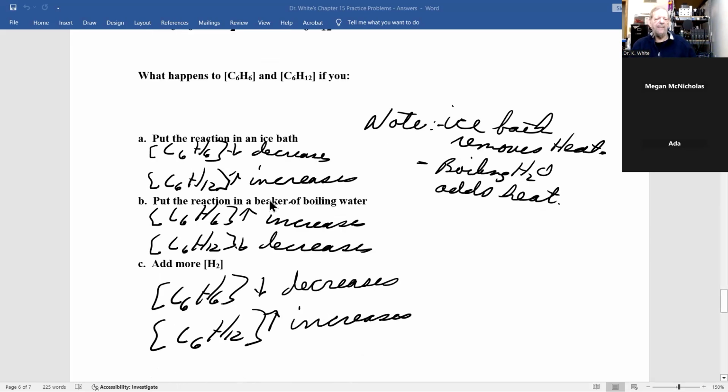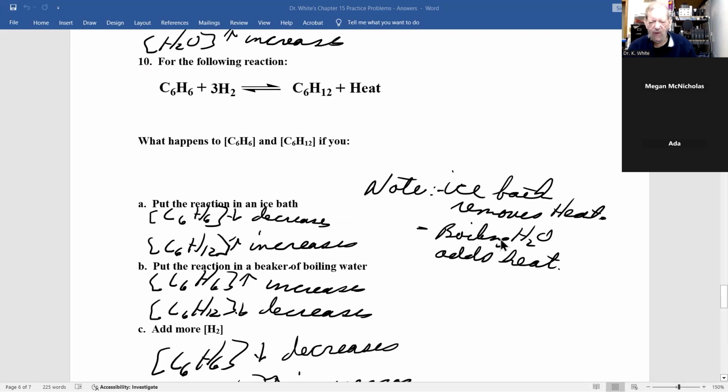Now, what happens to the reaction if you put it in boiling water? Boiling water adds heat. At equilibrium, there was a certain amount of C6H6, which is known as benzene, H2, hydrogen gas, C6H12, and heat. Now we put it in the boiling water, we've added heat.